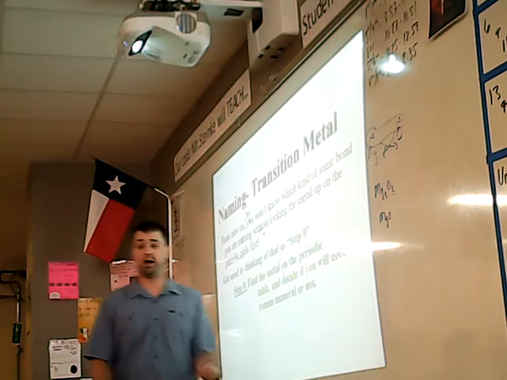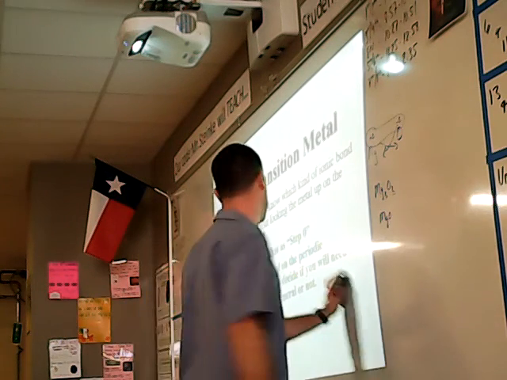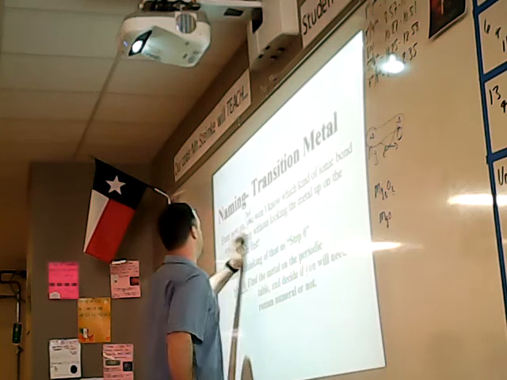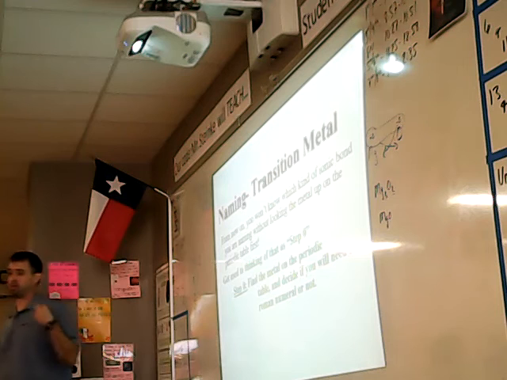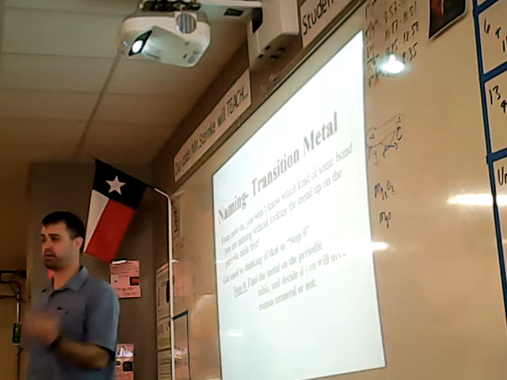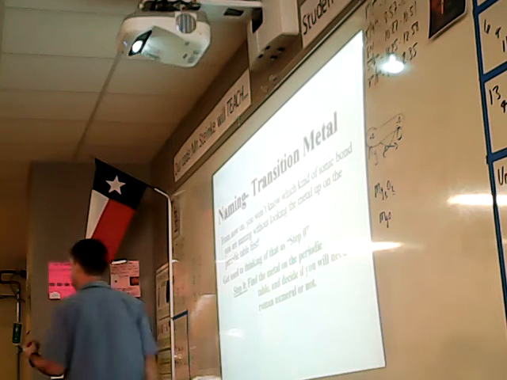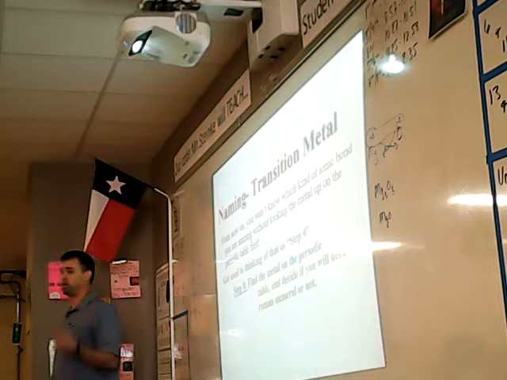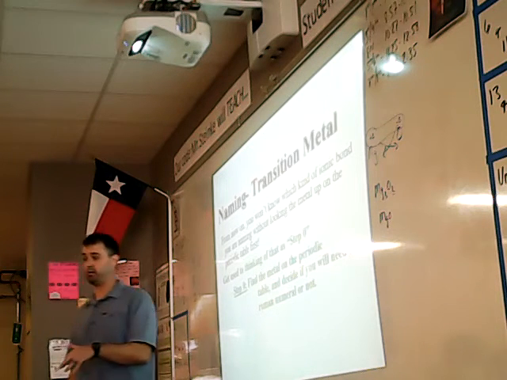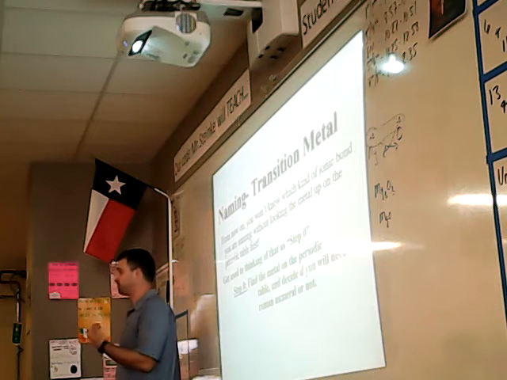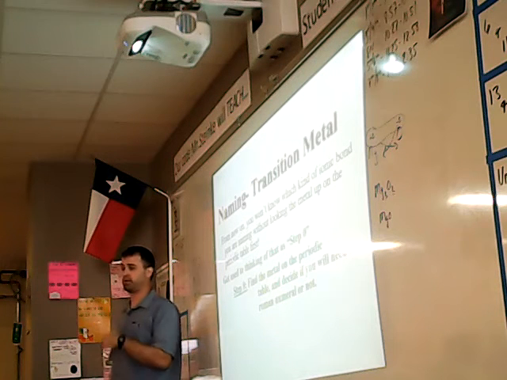From now on, especially once we get to Unit 4, but specifically in this unit, if I give you a chemical formula and you have to name it or write its formula, your first question has got to be: is it a metal bonded to a metal, a metal bonded to a non-metal, or a non-metal bonded to a non-metal?